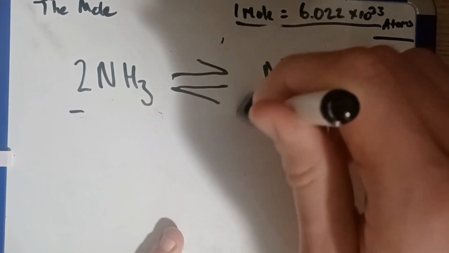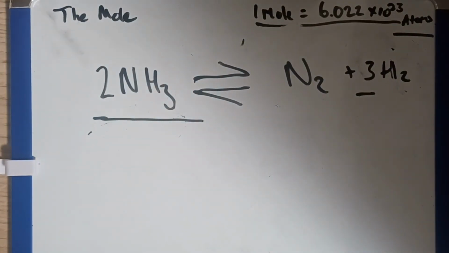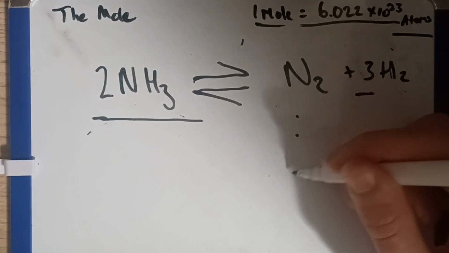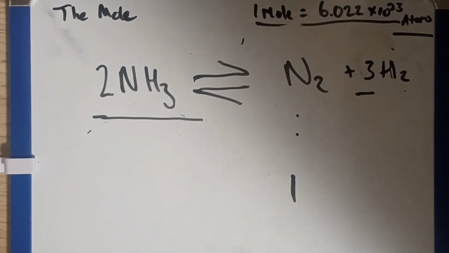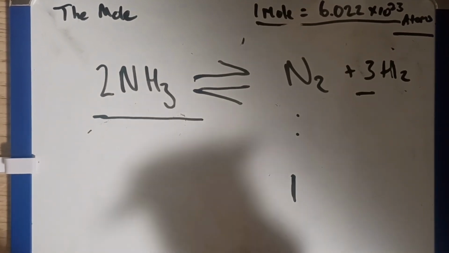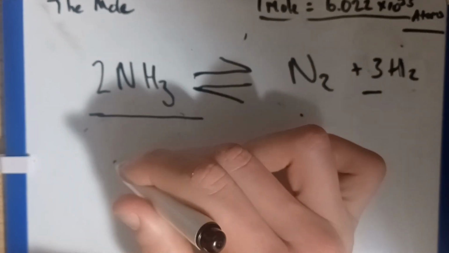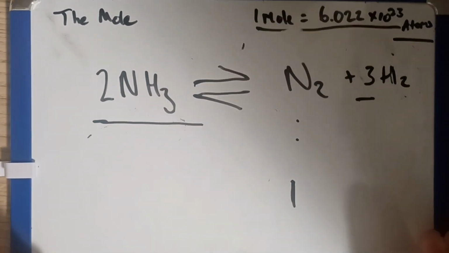But let's say, for instance, we didn't have the mass of this. We can go about finding the moles for this and say, for instance, this would be 1. We don't have anything else for this. We only have the atomic mass. So what do we do?